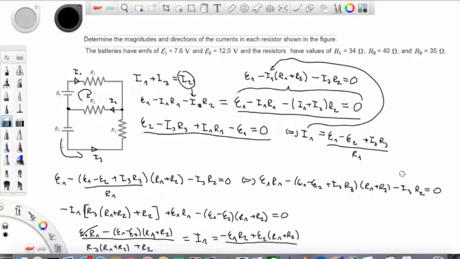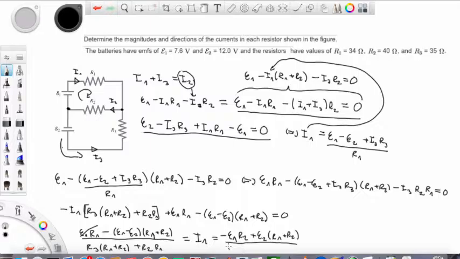Alright, I made a little mistake when I was multiplying everything by R1, so I forgot to multiply this one, so this one must also have the R1. Now we have 0, which means here's also R1, and here we have R1.